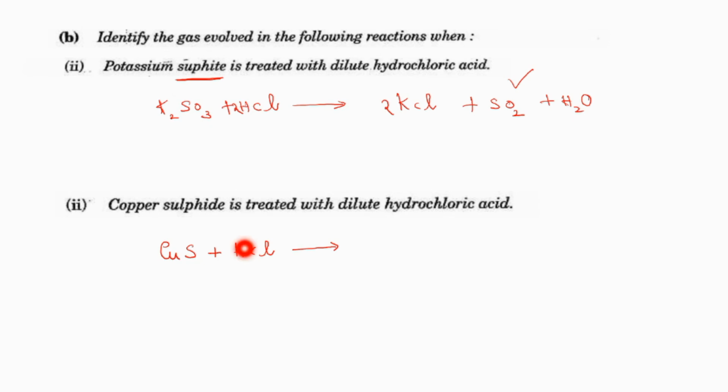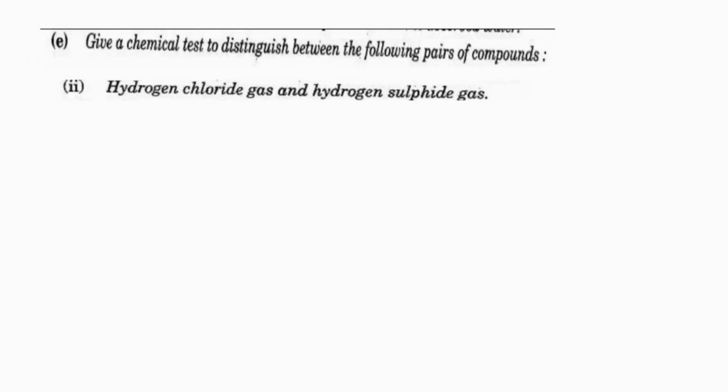Whenever a dilute acid is added to a sulfide, one product obtained will be hydrogen sulfide. Another product obtained will be a salt. So along with that, you will be getting copper chloride also. CuCl2 will be formed. They are asking which will be the gas evolved as a result of the reaction. The gas evolved is hydrogen sulfide. Got it? Yes.